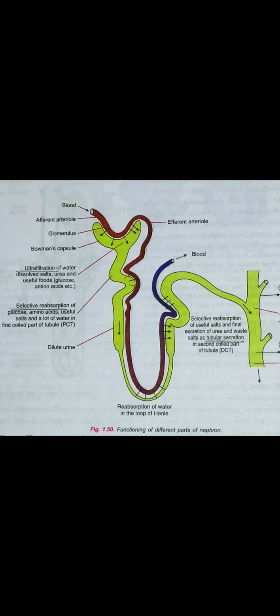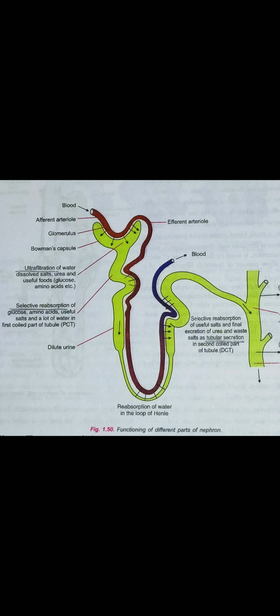The filtration of blood occurs mainly in the Malpighian region. Whatever filtrate is filtered out in this region moves through the renal tubule, and in due course of its movement from one part of the renal tubule to another, other functions are also performed.